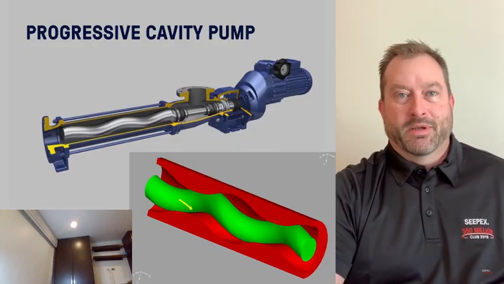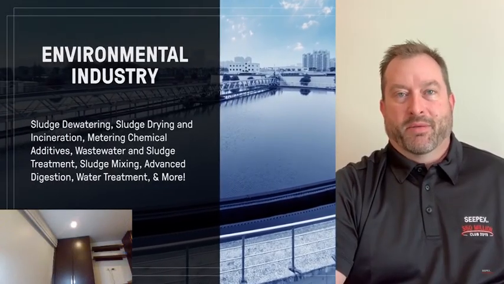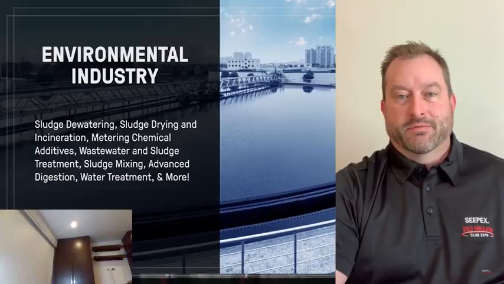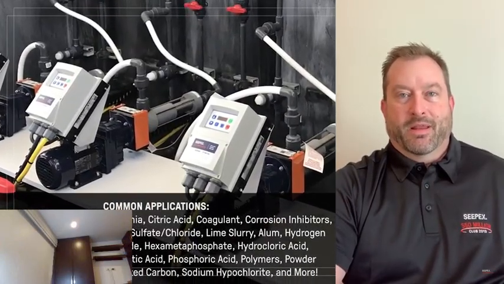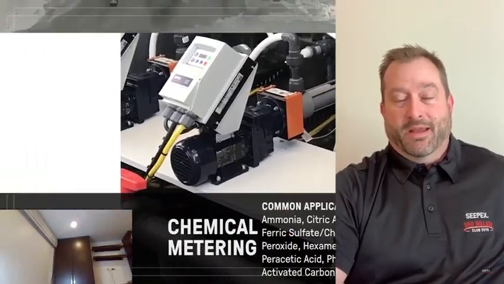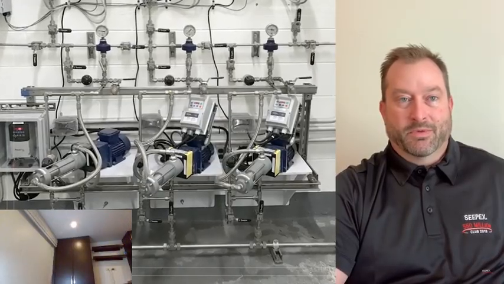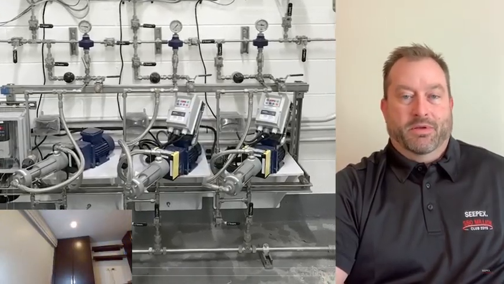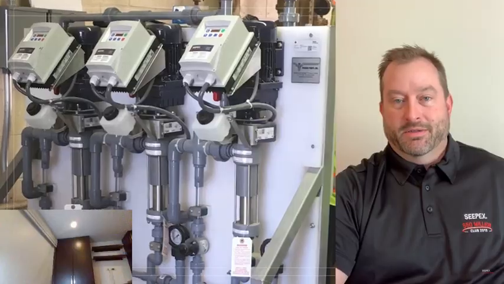Really, why are PC pumps used, or where are they used in water and wastewater? The two primary areas are chemical addition or chemical metering, and then sludge handling. There's not a lot of pumps available on the market today that can handle a wide range of products like that. So you can consider we do a lot of polymers, sodium hypochlorite or bleach, sodium hydroxide, caustic soda.